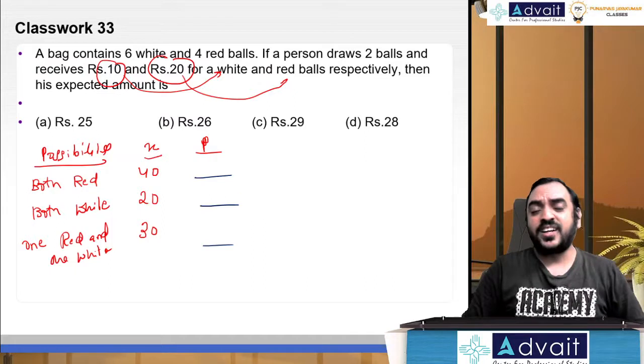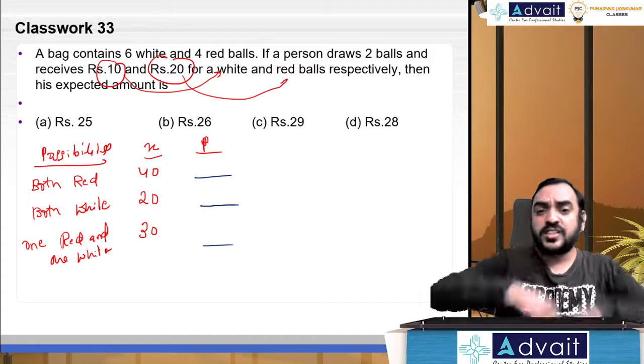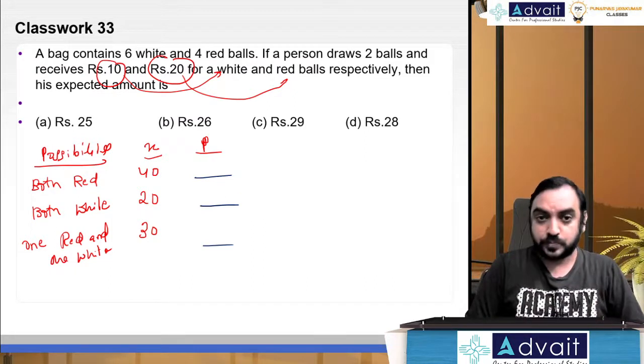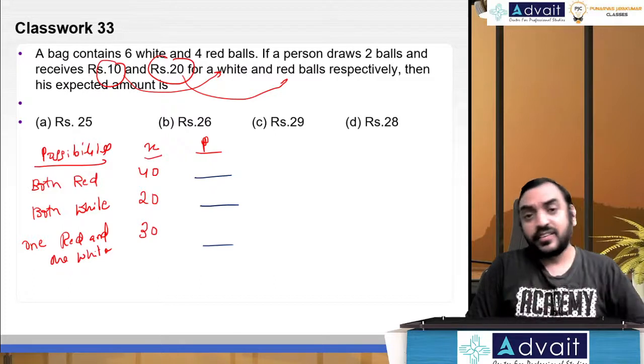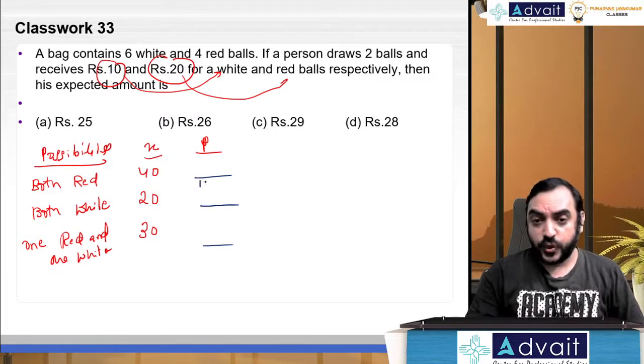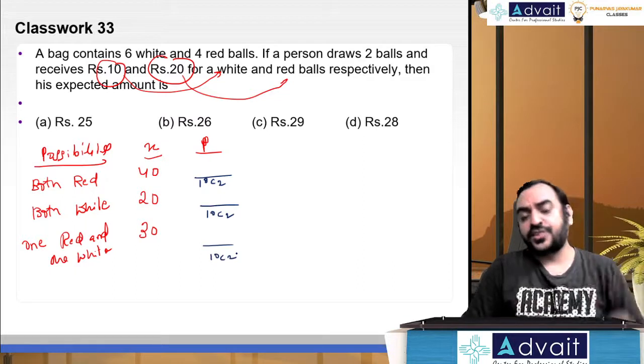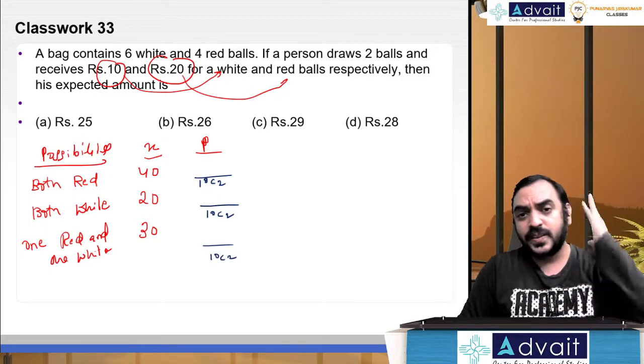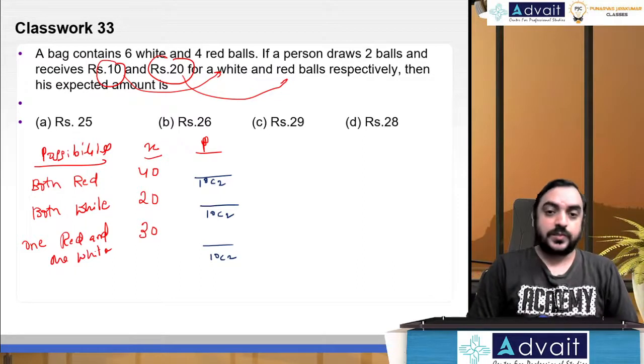Forget about red and white. You are selecting 2 balls from a total of 6 plus 4, 10. So the denominator without any restriction is going to be 10C2 in each case. That is the sample space.